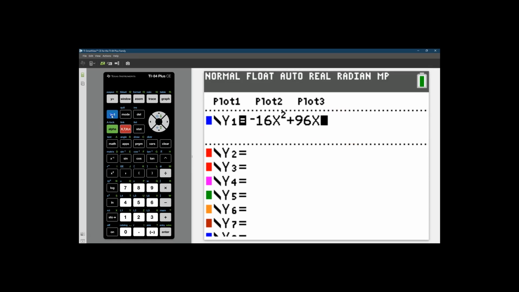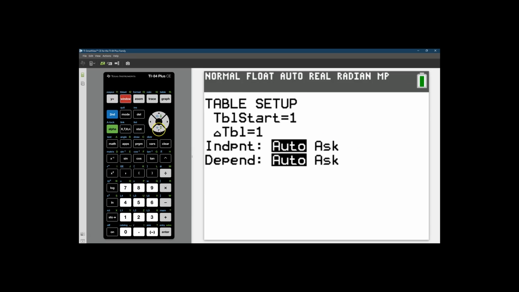Next up, we want to hit second, and then the window button to go into the table setup. And we want to make sure that our independent variable is changed from the calculator automatically generating the input values to the calculator asking us what those input values should be. So move over to ask, hit enter, and boom, we're good to go.